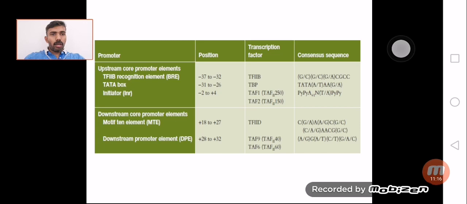And you can also note down the position which is seen in the chromosome in comparison with the +1 site, and also the transcription factors concerned which are interacting with that particular site, and also the specific or consensus sequences which are commonly found in that region.